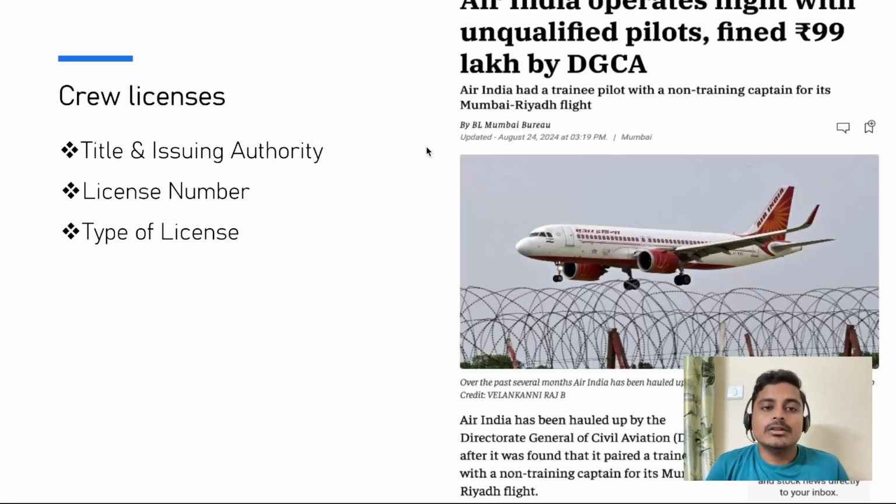You can read more about it. It is a news item where a trainee pilot was paired with a non-training captain for a particular flight, and that cost the airline a heavy amount. So that is how important crew licenses are.